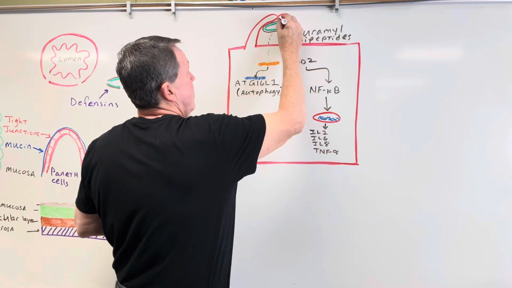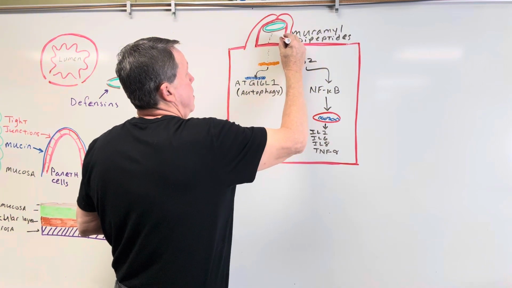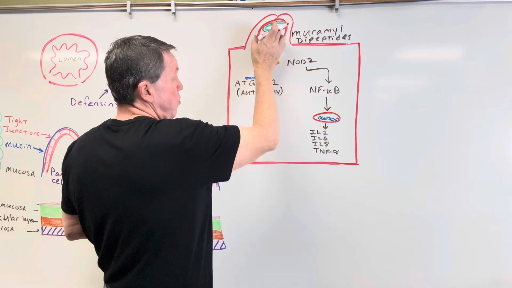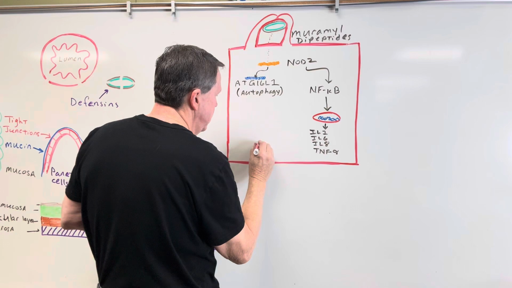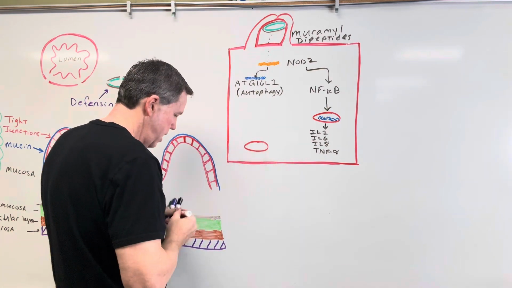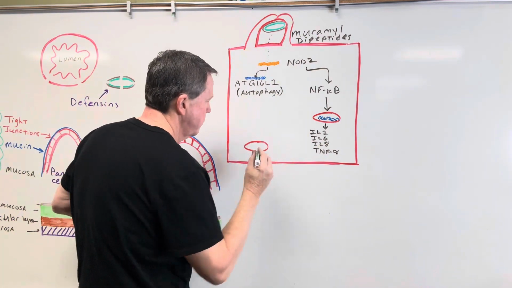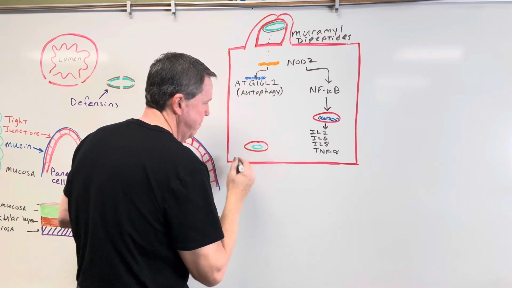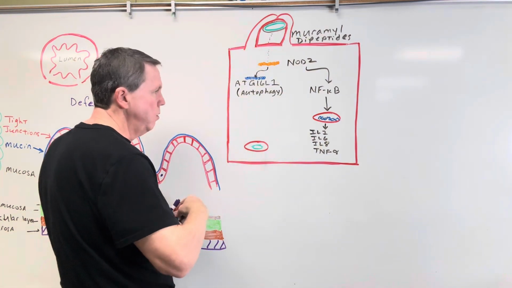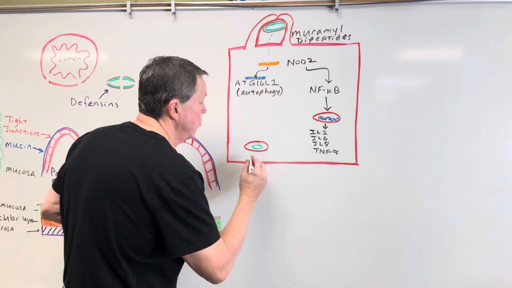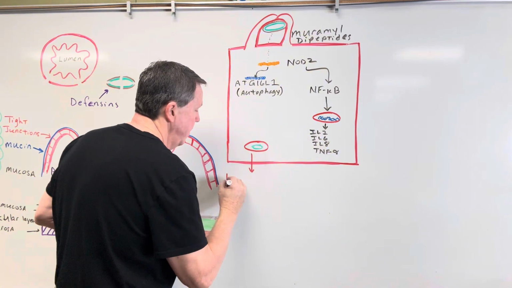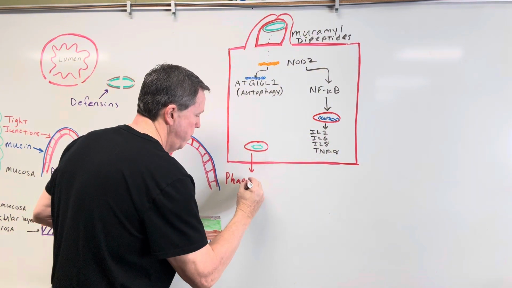So if we go like this, if you notice, I still have my cell membrane here. So it's going to pull this inside the body, and I'm just going to draw this down here. All right, and now I have it right there. I'm not going to put the cell wall in there. But also, by the way, when this pulls this inside, this is going to be called a phagosome.